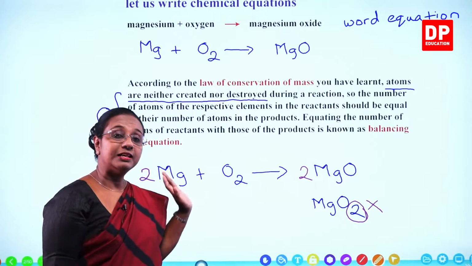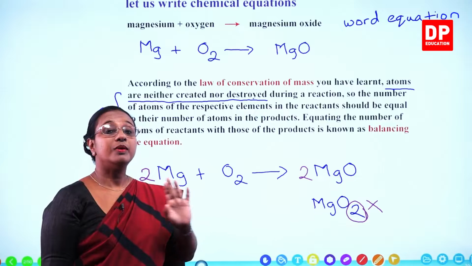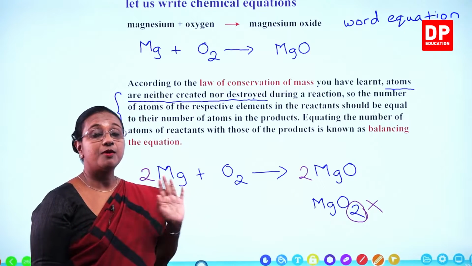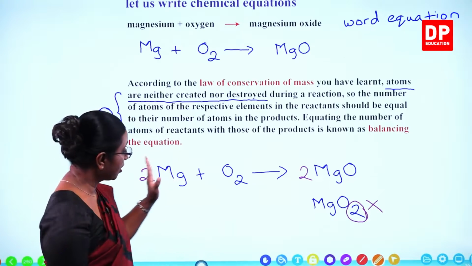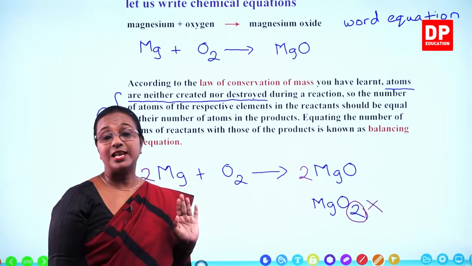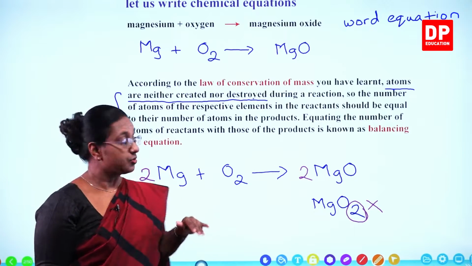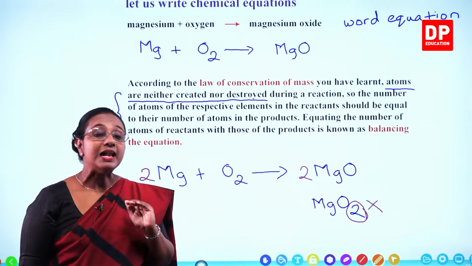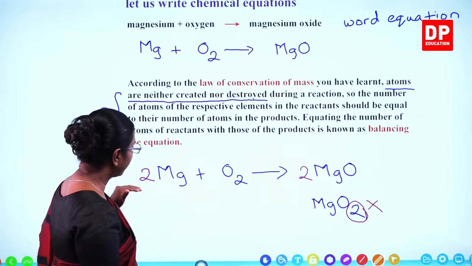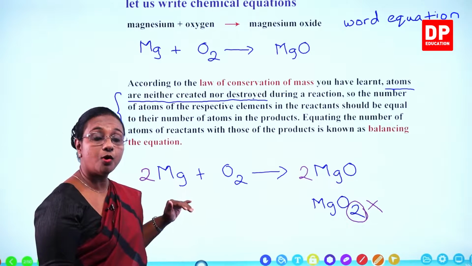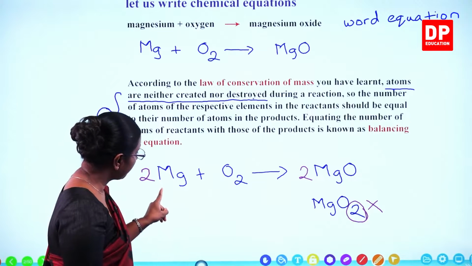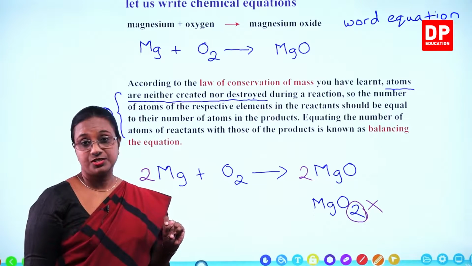Now if you look at the reactants and products, we have an equal number of atoms of each element on the reactant side as well as the product side. So this is the balanced chemical equation for the reaction of forming magnesium oxide from magnesium and oxygen.